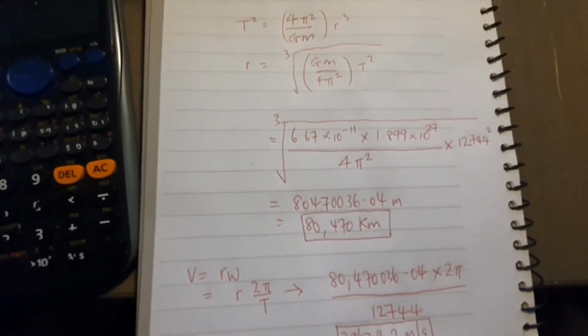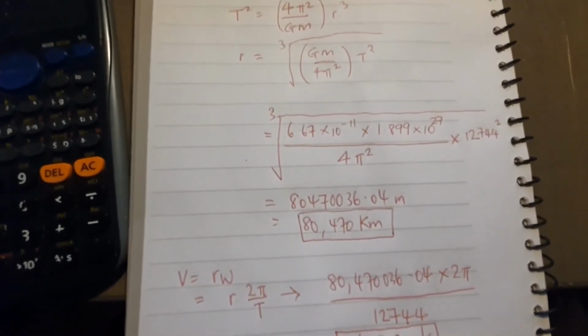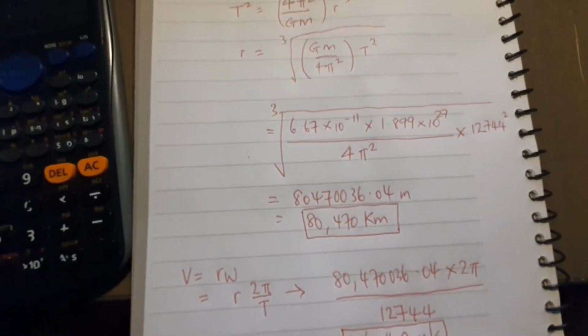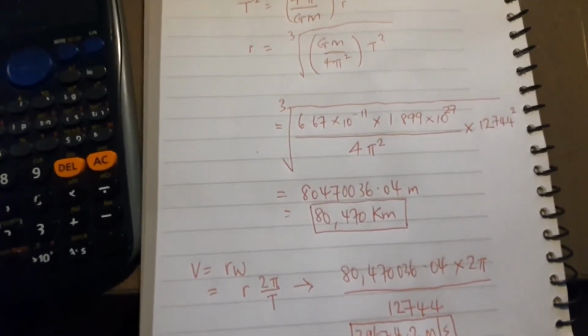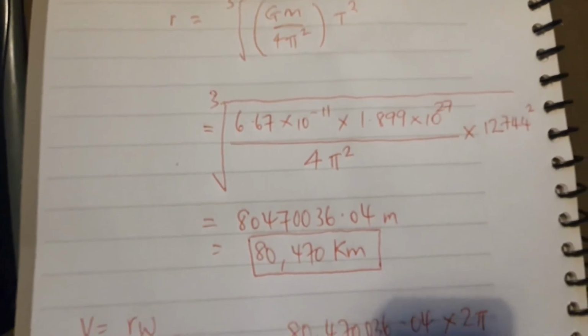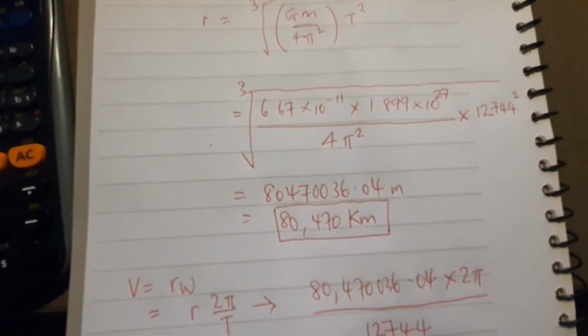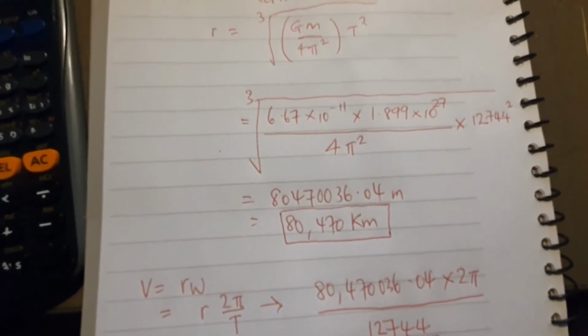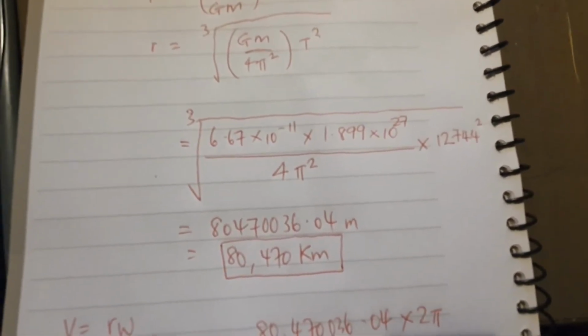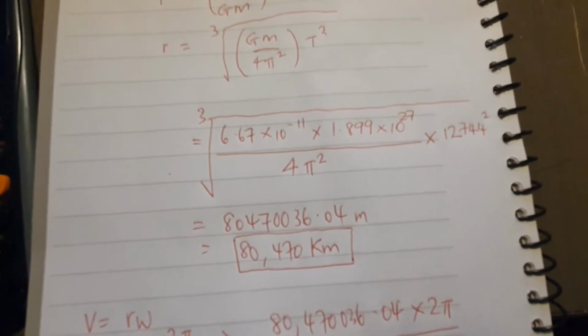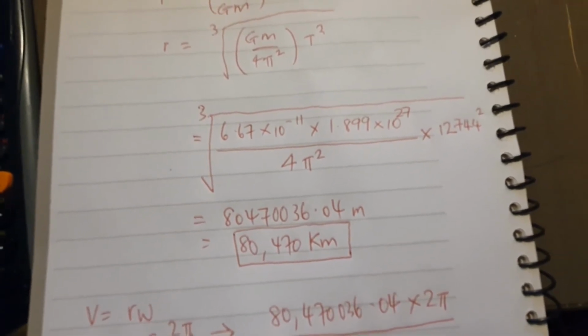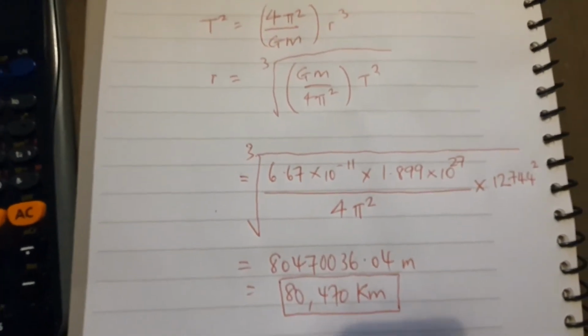Okay, so I've put the numbers in, and so G is 6.67 times 10 to the minus 11. The mass is 1.899 times 10 to the 27. Now I've divided it by 4 pi squared, and I've multiplied by 12,744 squared, and all of that is cube rooted.